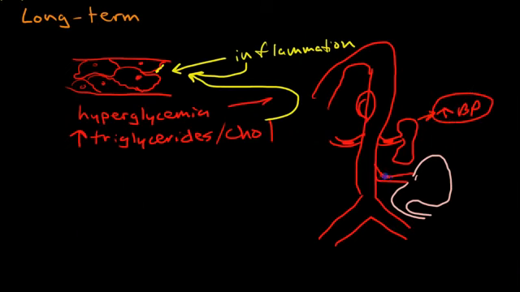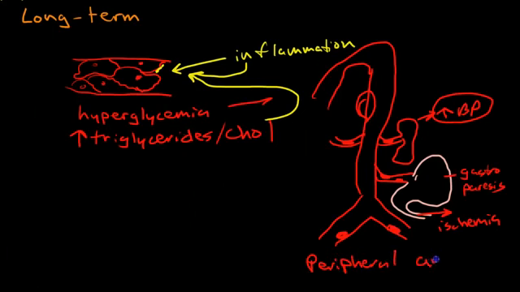It can cause atheromas to form in the arteries that feed the stomach and the gut, which can cause gastroparesis and mesenteric ischemia. It can clot off the femoral arteries, or the more distal peripheral arteries, and cause peripheral artery disease.